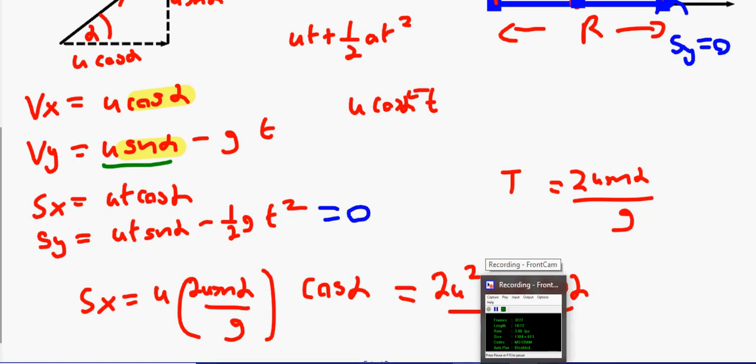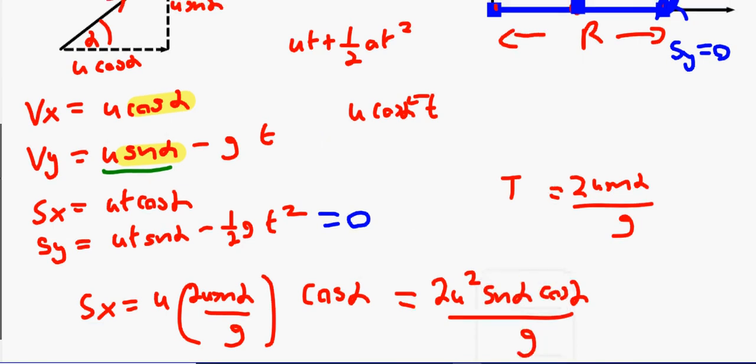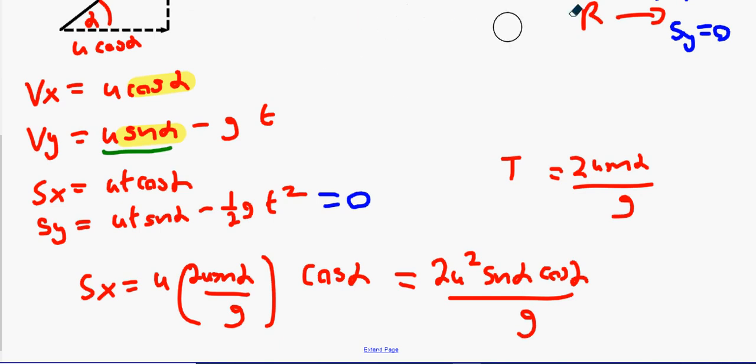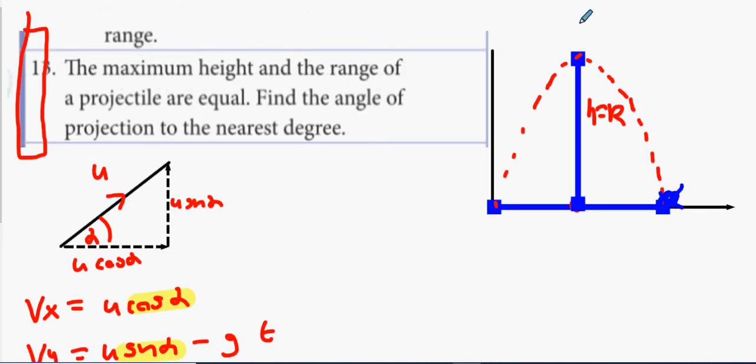Now, a quick cheat for us is that we know that the maximum height and the range are equal, don't we? Now, what's guaranteed about the maximum height? Vy must equal 0. So what does that mean?